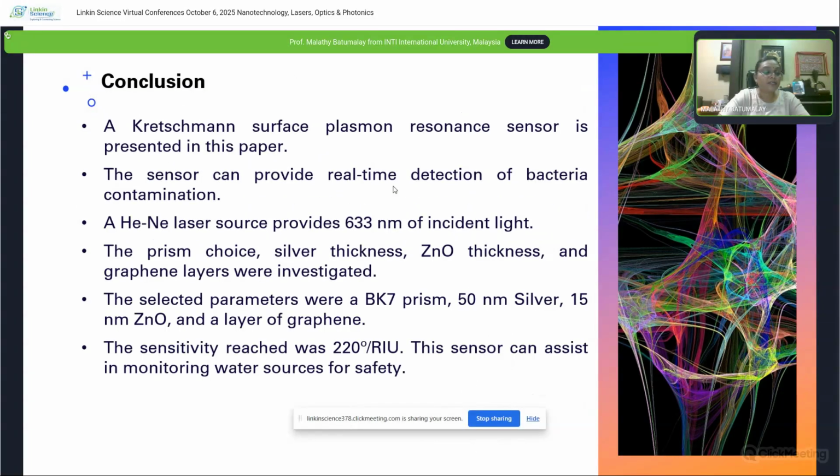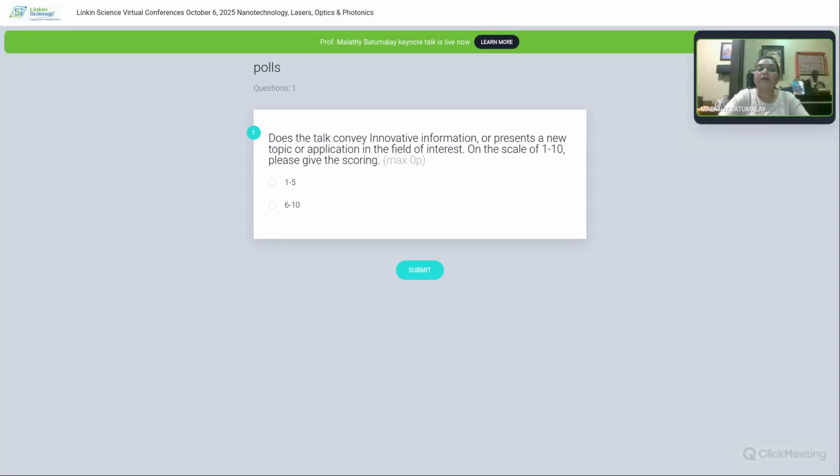As for the conclusion, a Kretschmann SPR sensor is presented in this paper. The sensor can provide real-time detection of bacteria contamination. With a helium-neon laser as the power source, it provides 633 nanometer incident light.